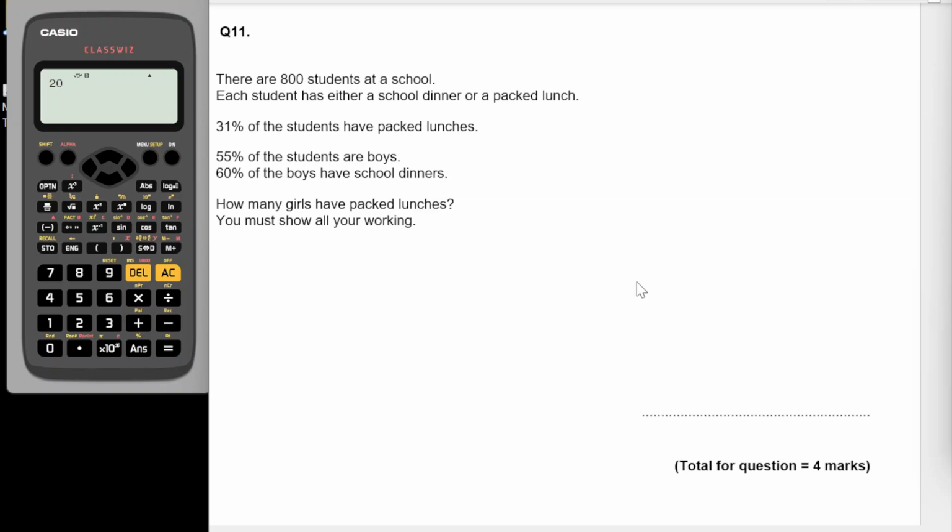So I'm going to use a two-way table for this. It's not the only way that you could do it. I just think it makes more sense to me. I'm trying in my head at the moment to work out whether to do my two-way table out of percentages or out of numbers. I'm going to go out of numbers.